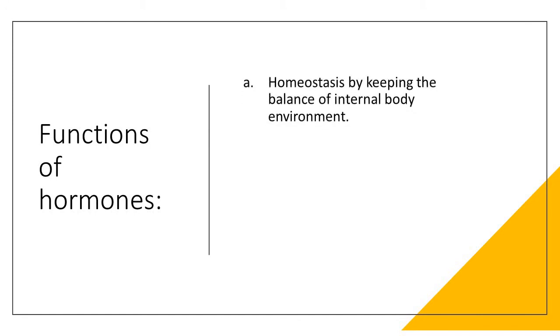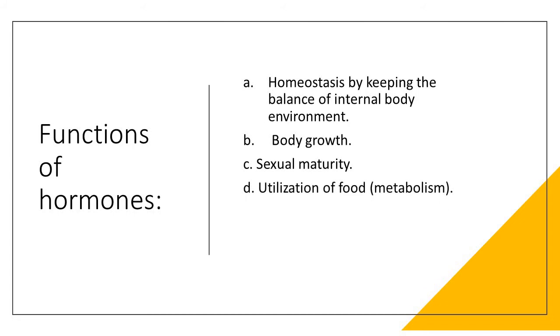Hormones have a lot of functions. Number one, they keep homeostasis and keep the internal environment of the body. Number two, they activate the growth of the body. They are used for complete maturation of the sex organs, like steroid hormones or lipid hormones. Also, they are used for metabolism, or utilizing of food.